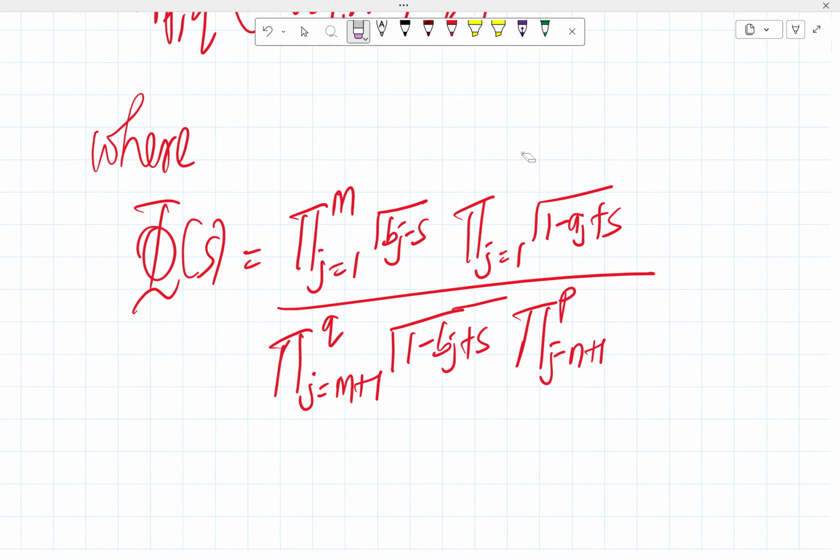Okay, this is actually n here. Then gamma a sub j minus s.